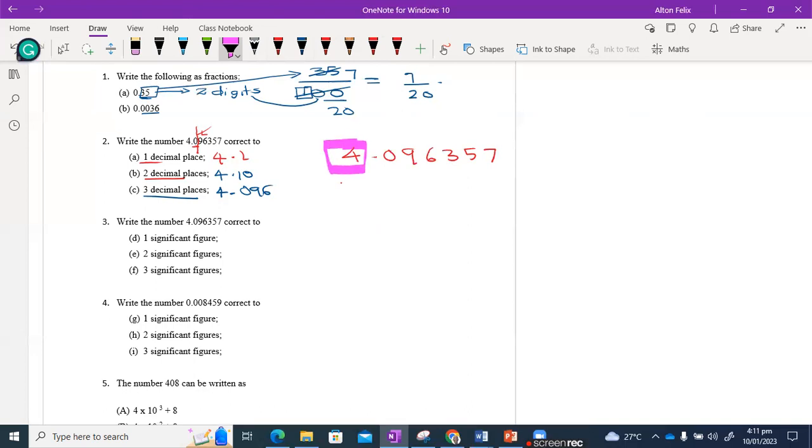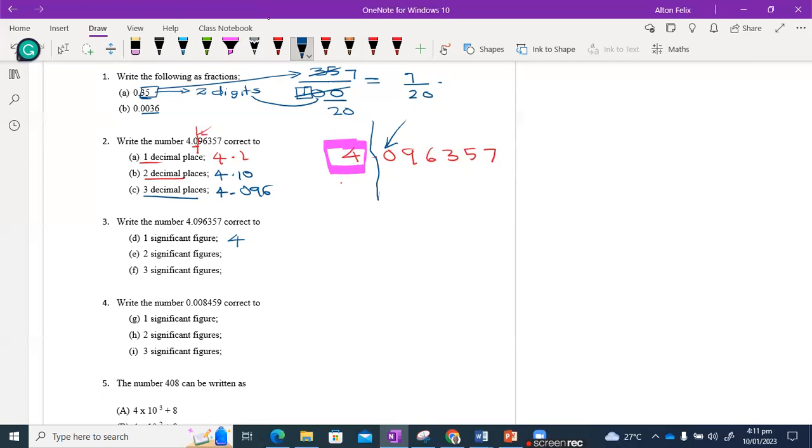And you do the same thing. You look at the next digit. And if that digit is 5 or more, you add 1. If it is less than 5, you leave it as is. So it is 0. So it means that the answer here will simply be 4.